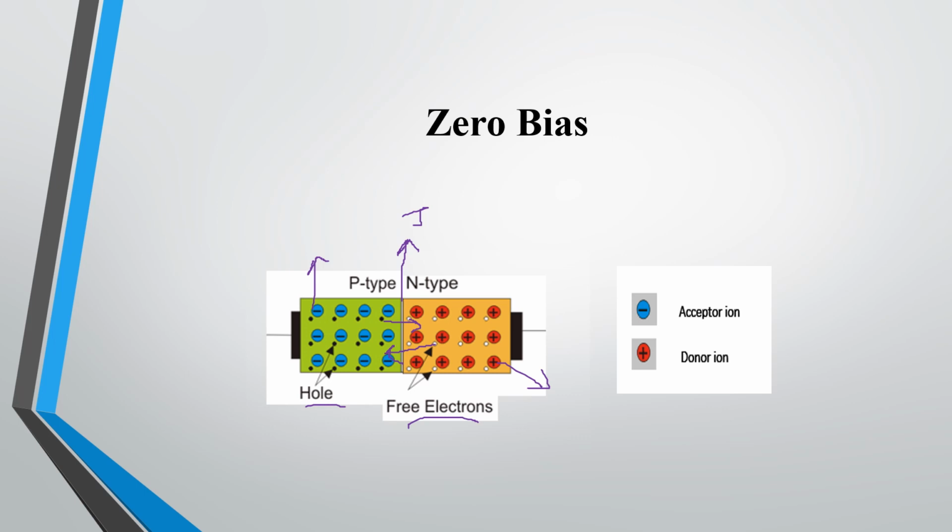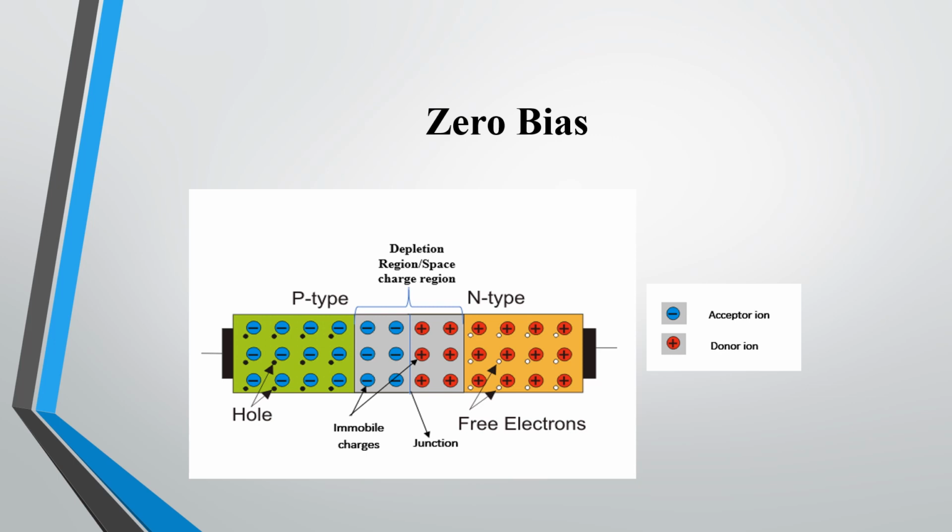So this process is called the diffusion process. So diffusion of holes takes place from p type to n type, whereas the diffusion of electrons takes place from n type to p type. What happens when this diffusion takes place? When electrons move from n to p and holes move from p to n, there occurs a recombination.